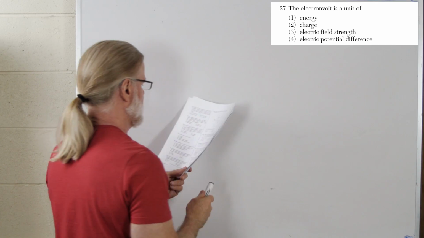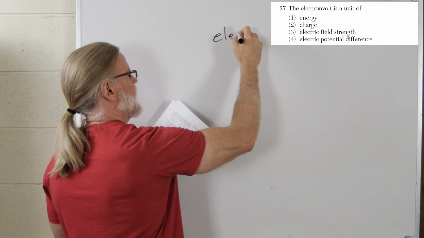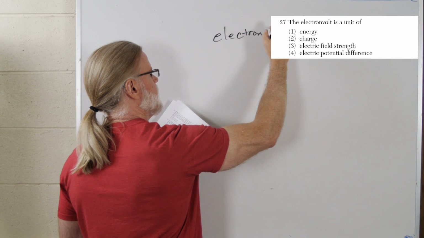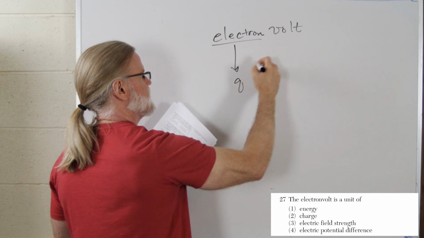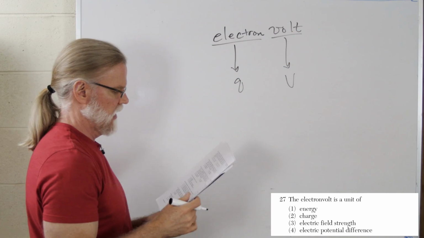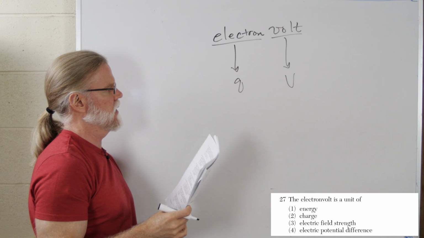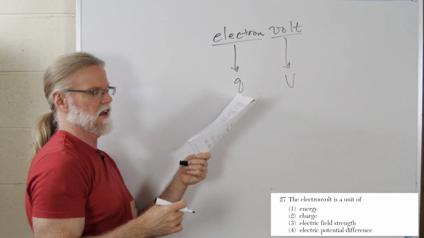So we have electron volt as a unit, and we have 2 things in it, electron and volt. Electron is charge, and volt is voltage. This is a measurement of something that relates voltage and charge.